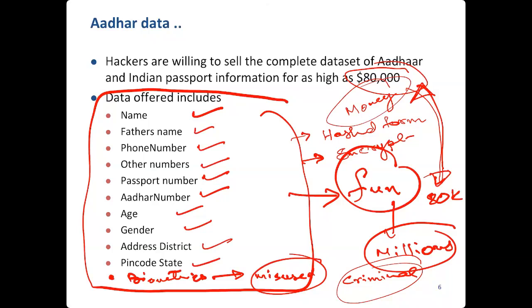By the way, there will also be some more information, possibly some bank details. You will have a primary bank, and the account number, etc., are also linked to Aadhaar. I'm not sure whether that data is also gone or not.